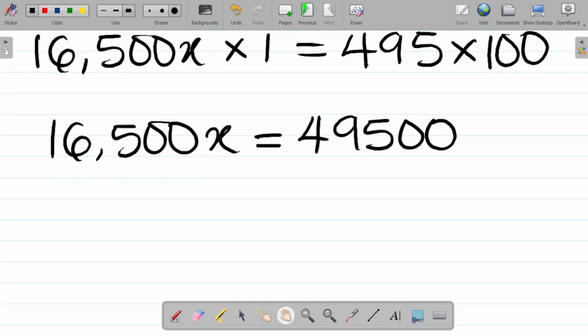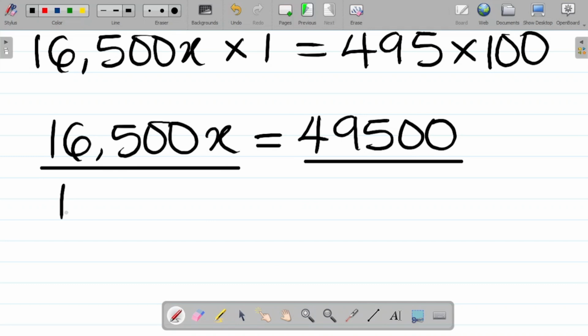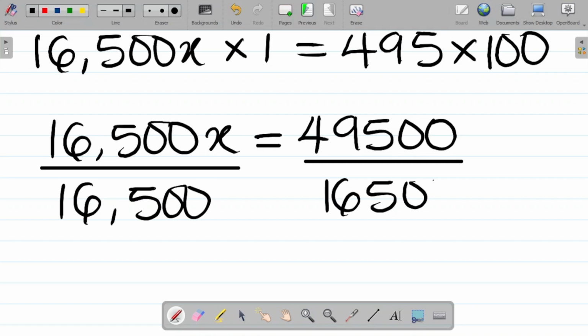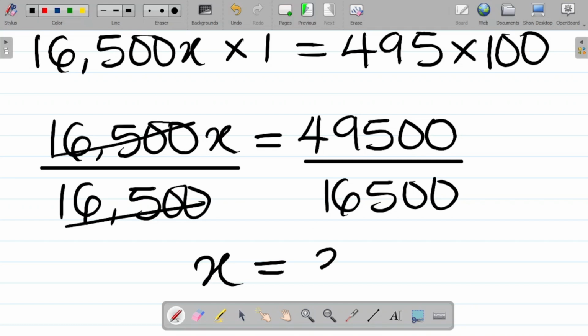All right, let's get the value of x. To get the value of x, I'll divide both sides by the coefficient of x, which is 16,500. This will cancel this. So x is equal to 49,500 divided by 16,500, and this is equal to 3.